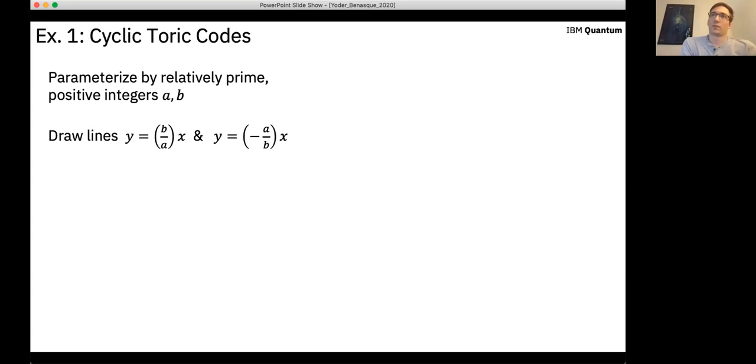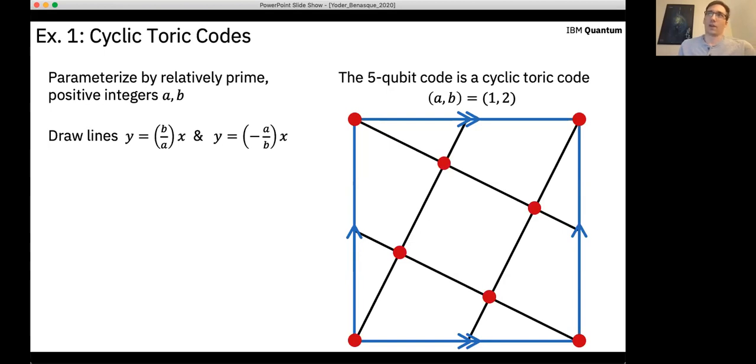So here's some examples of more codes. For instance, these cyclic torus codes. The construction is somewhat easy to describe. You take the fundamental square region and you draw the lines y equals bx over a and y equals minus ax over b. So for instance, if a and b equal 1 and 2, then you get this graph where I drew these 2 lines and they intersect at these 5 points.